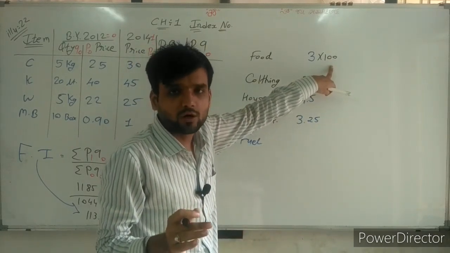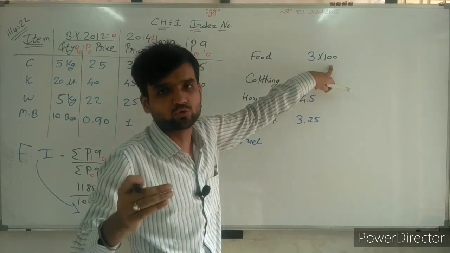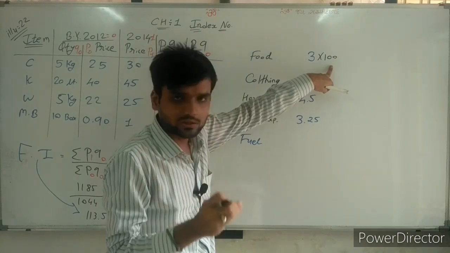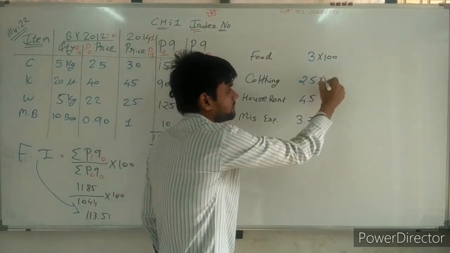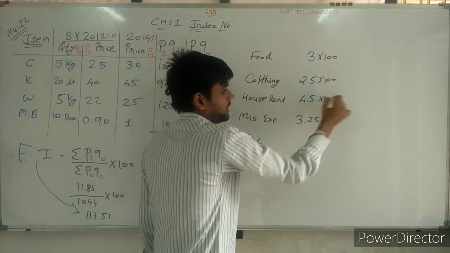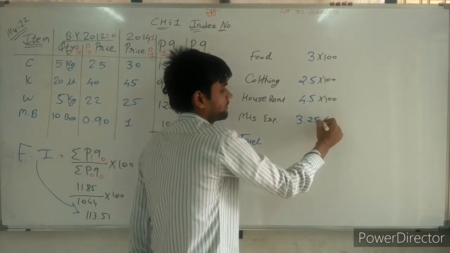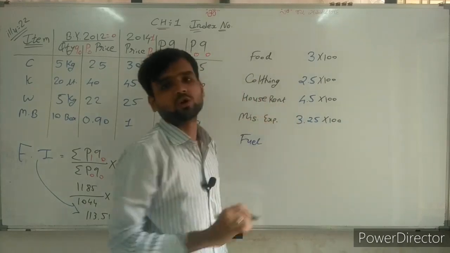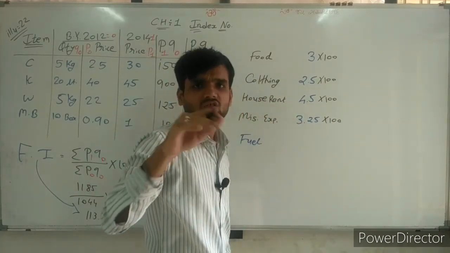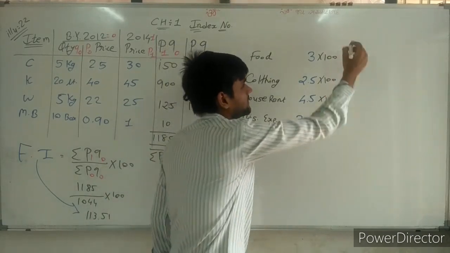Because if you assume another value, then you have to do one more step. And that's why always 100 into 3, 100 into 2.5, 100 into 4.5, 100 into 3.25 we are taking.